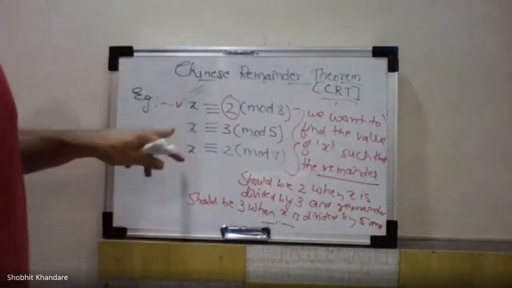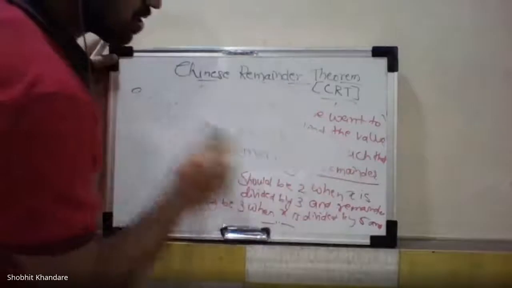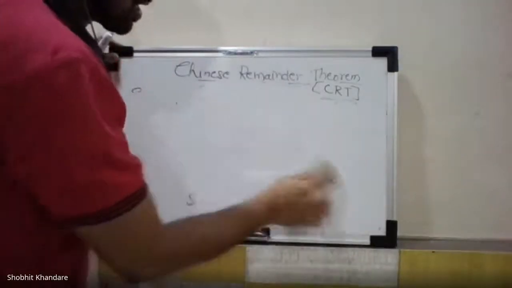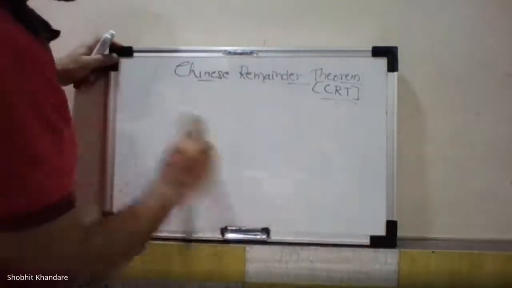So you can write down the solution. I hope you have understood the problem statement. Now we'll go to understand the solution, how to get this solution by using the Chinese remainder theorem. And we'll be using this in your practicals also.